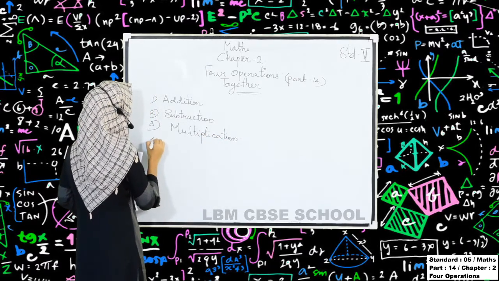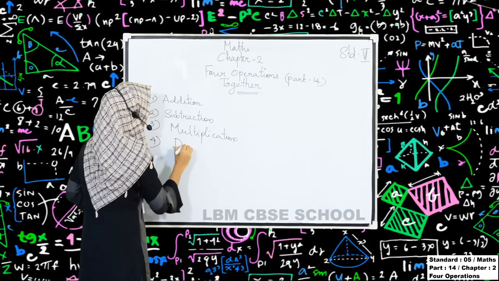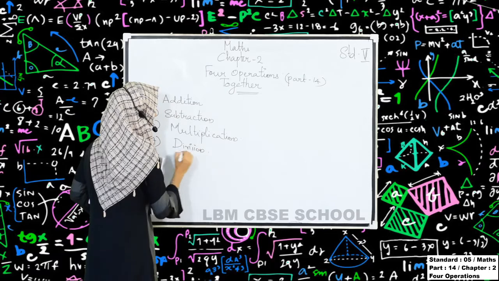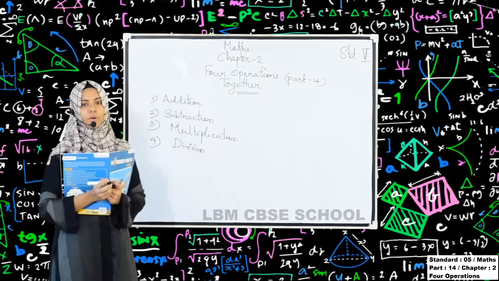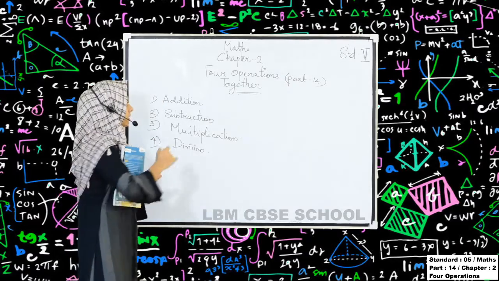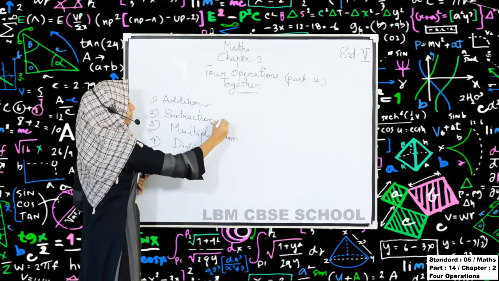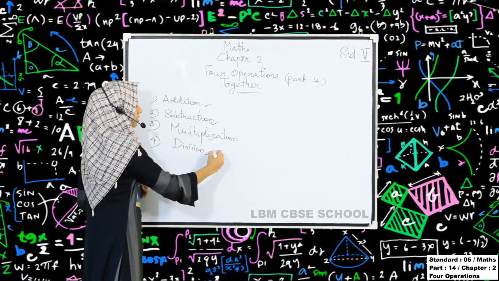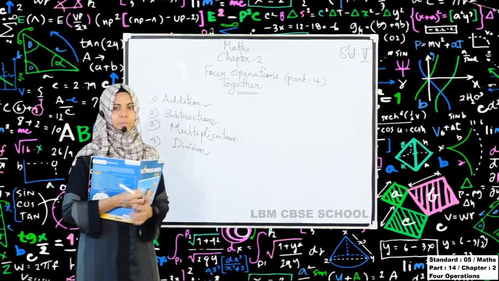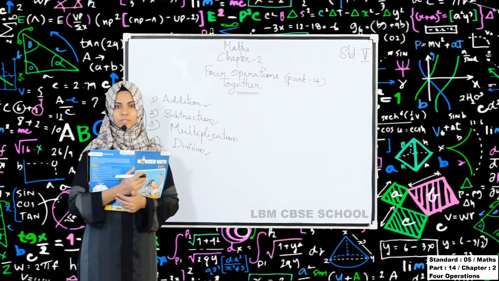And fourth one is division. So these were the four operations that we already studied, isn't it? We studied addition, we studied subtraction, we studied multiplication, and we studied division. And the name of the chapter is four operations together.